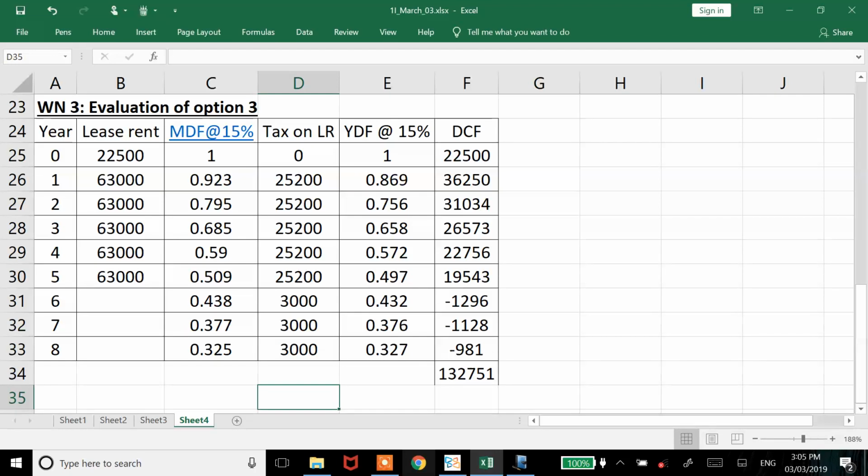You created a deposit of 22,500 that doesn't come back, the asset comes back. On the asset, you will claim depreciation of 7,500 every year, which is effectively 3,000 of tax saving.